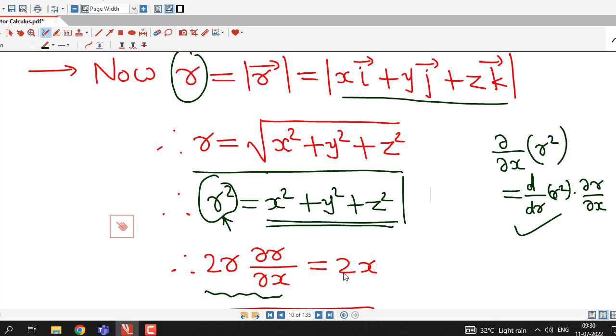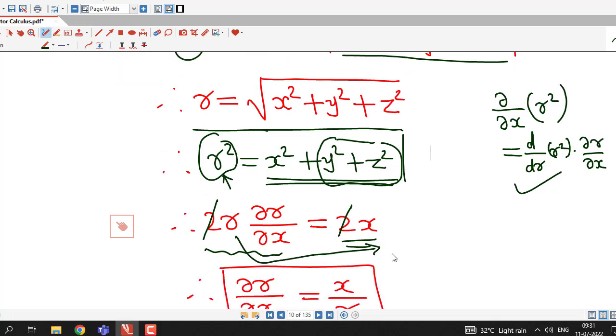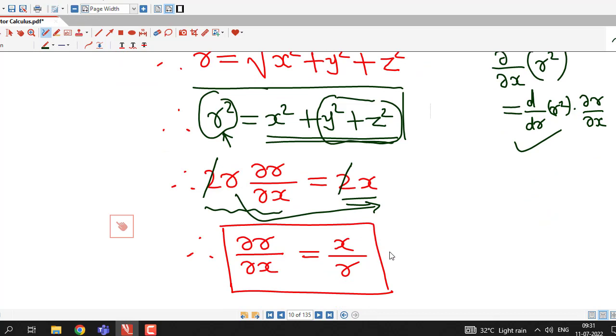The derivative of x square is 2x, and these two are considered as constant, therefore their derivative is 0, and we have 2r times del r by del x equal to 2x. This 2 will cancel out, and if we transfer r to the right hand side, we have del r by del x equal to x divided by r. Our focus is to obtain the value of the partial derivative of r raised to minus n with respect to x.